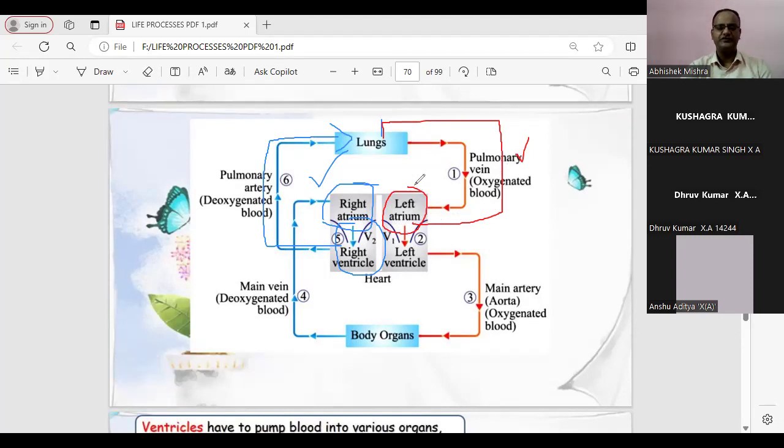When the left atrium is filled up, again the valve which guards the opening between the atrium and the ventricle opens, and the oxygenated blood now enters into the left ventricle. From the left ventricle through the aorta, which is the main artery of the body, the oxygenated blood is sent to the various body parts. Now, is it clear to all, the course of the blood circulation through the human heart?